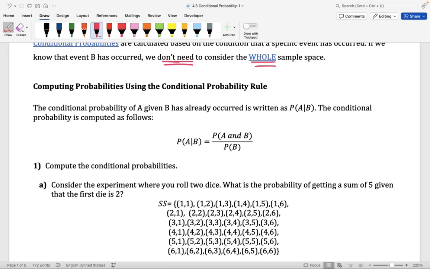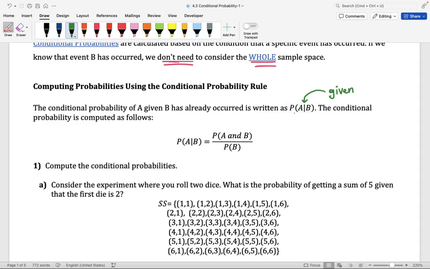The conditional probability of A given B has occurred is given as P of A given B. Here, when you look at that vertical line between A and B, that represents "given." Okay.